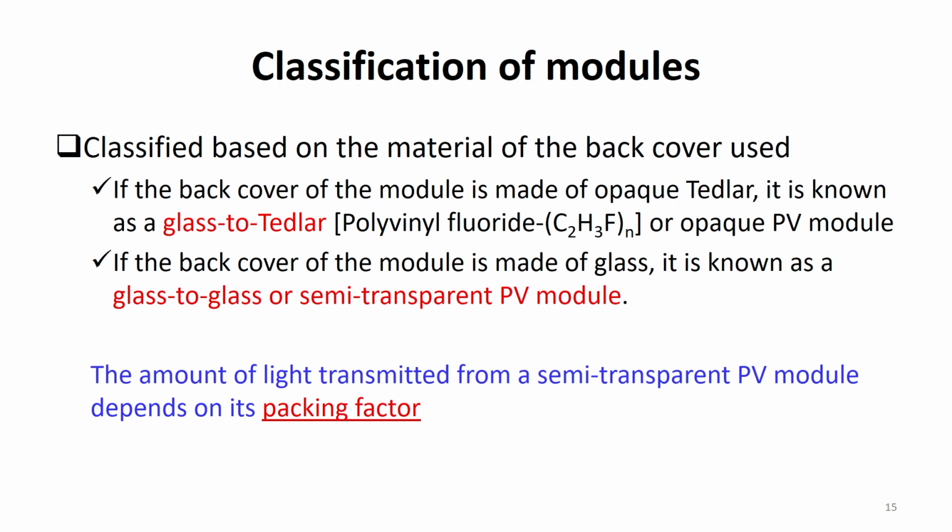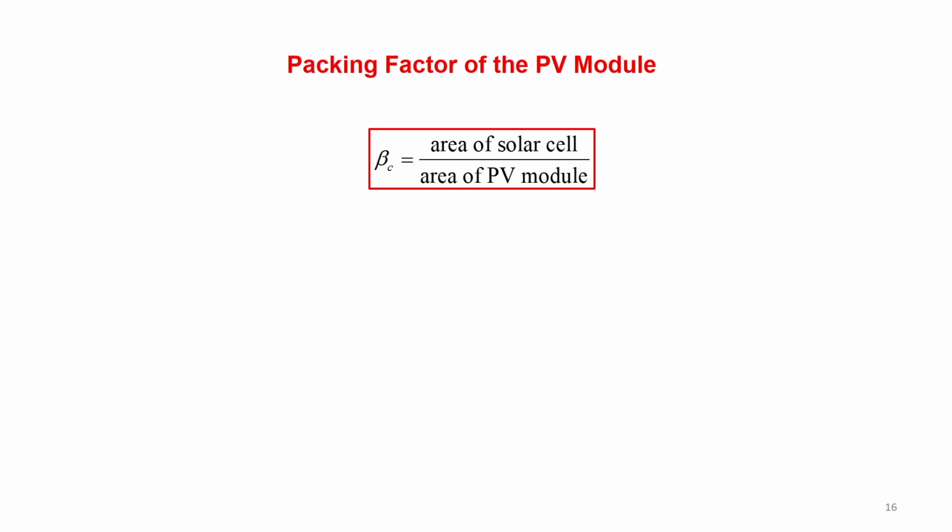The amount of light transmitted from a semi transparent PV module depends on its packing factor. Okay. So, let us now define what packing factor is. Packing factor is defined as the area of the cell to the area of the PV module, right.